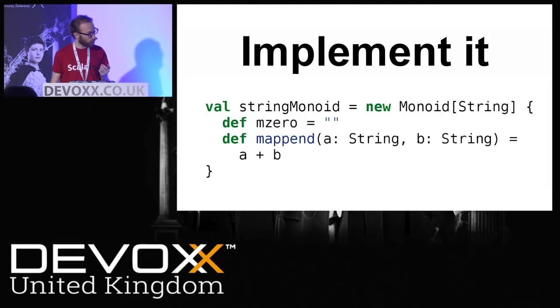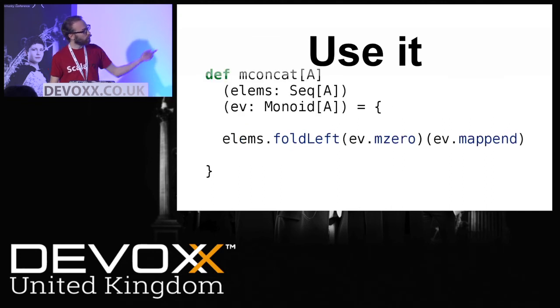And to implement that, you create a new instance. Like string behaves as a monoid. Append is string concatenation, and 0 is the empty string. So you create a new instance of Monoid of String, and you put stuff there. And then, if you want to use it, you can pass it as an extra argument to functions that rely on the monoid properties.